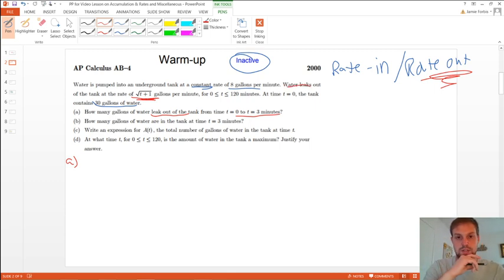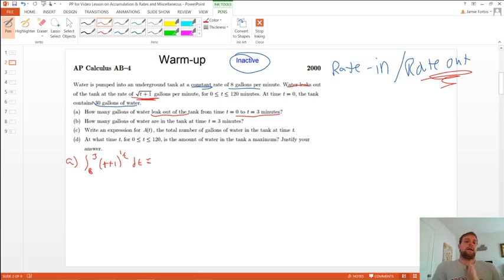If I want to figure out the accumulation of water leaked between 0 and 3 minutes, that's simply going to be the integral from 0 to 3 of my rate for the water leaking, which is the integral from 0 to 3 of (t plus 1) to the 1/2 dt. That describes the amount of water that is leaked between 0 and 3 minutes.